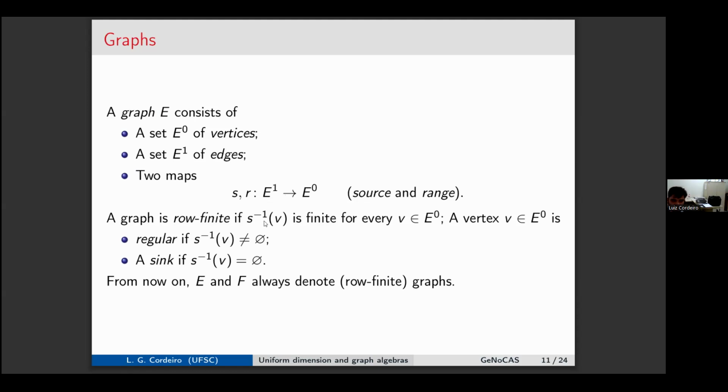So a graph is row-finite if for every vertex there are at most finitely many edges which have this vertex v as its source. And a vertex v is regular if it is the source of at least one edge, and it's a sink if it is not the source of any edge. And so the letters E and F will always denote row-finite graphs from now on.